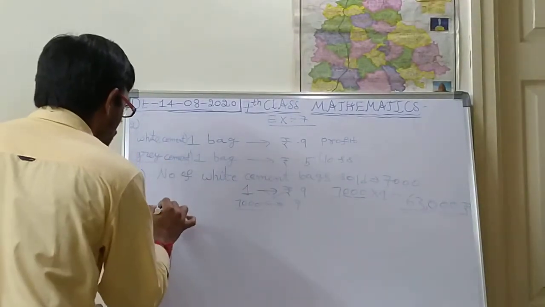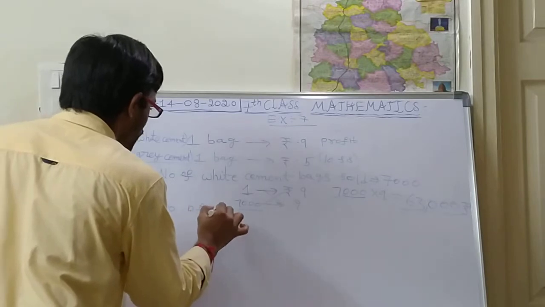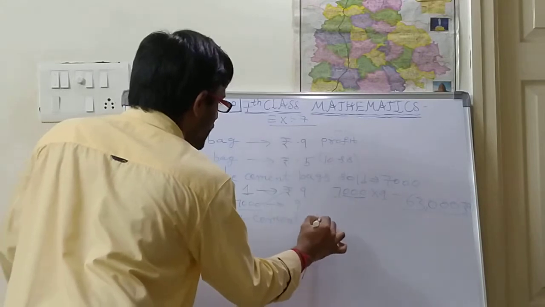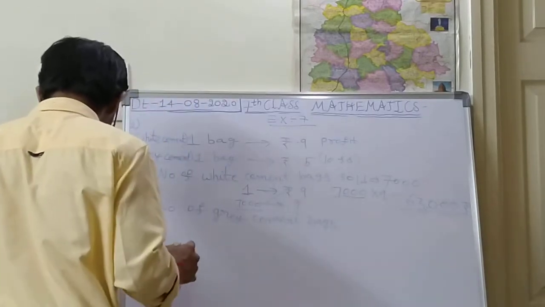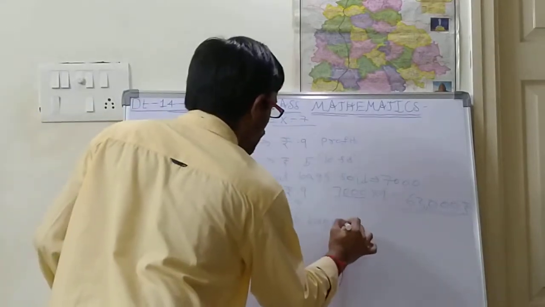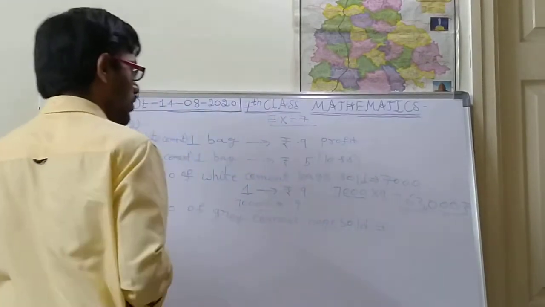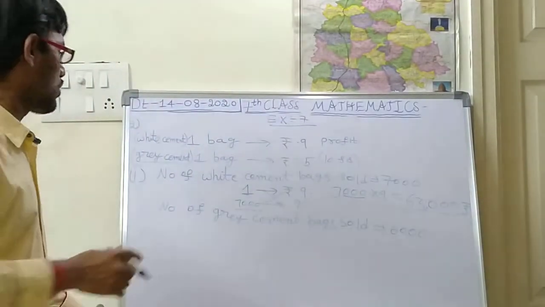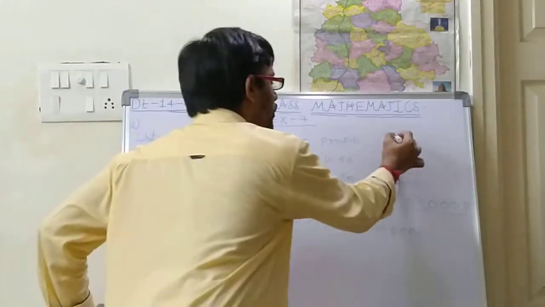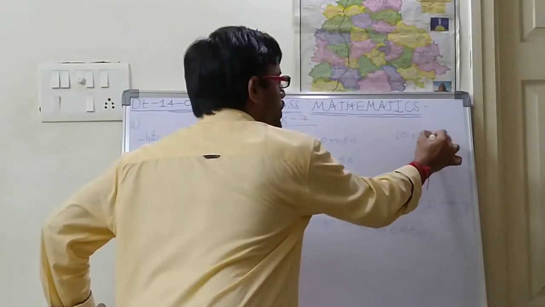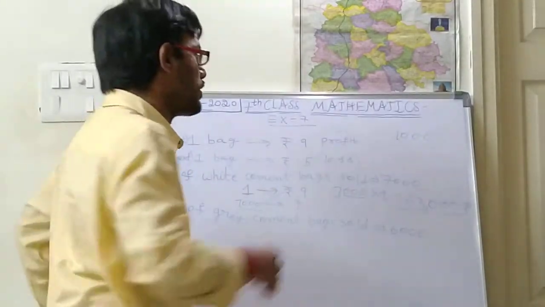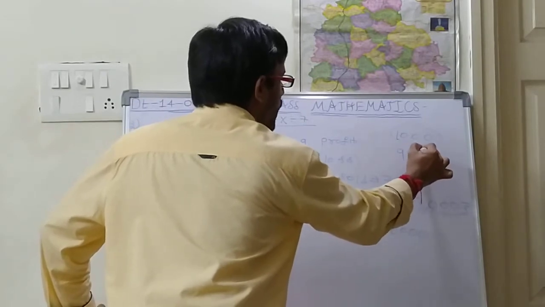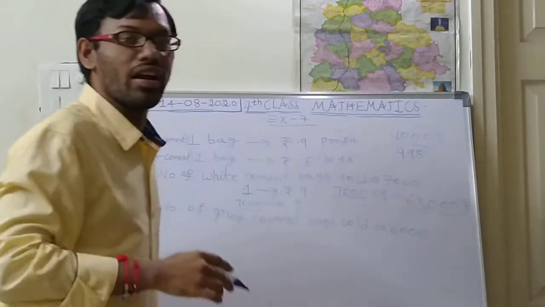Now the second part: number of grey cement bags sold. How many grey cement bags? 6,000. Here for the grey cement bags, suppose the MRP price is 1,000 rupees. Instead of 1,000 rupees, they are selling for only 995 rupees.